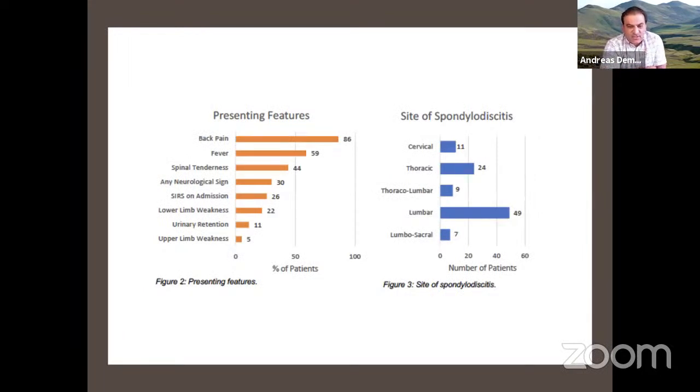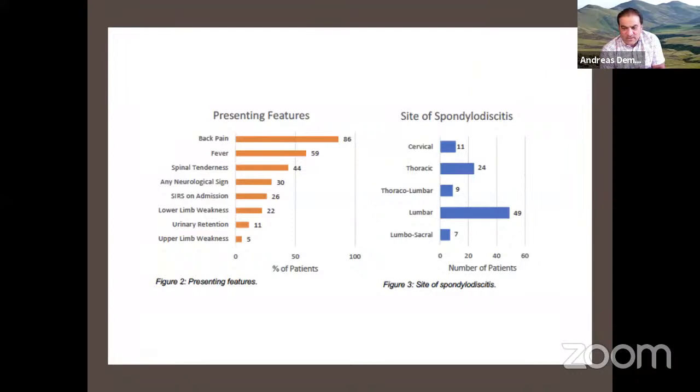The presenting features, as expected, 86%, the main presenting symptom was back pain. Not everybody had fever, about 60%, and then focal tenderness on palpation. 30 had some nerve root irritation signs, 22% lower limb weakness, 11% presented with retention, and there was a small subset of cervical cases that you can see, which explains the upper limb weakness.